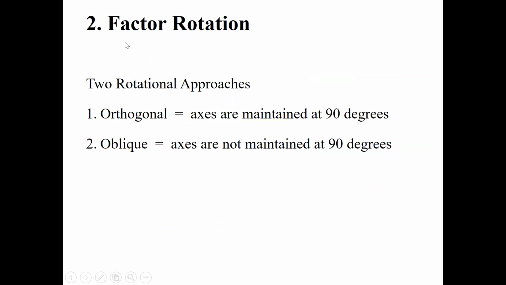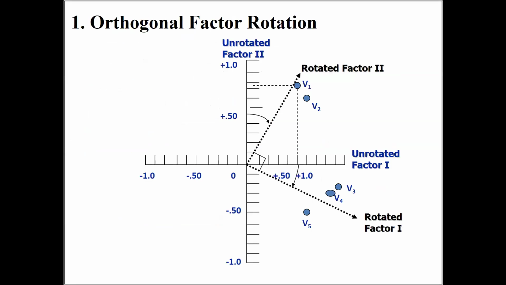Second, we can rotate the factors. There are two methods. Generally we use orthogonal, meaning 90 degrees between the x and y axes, and oblique means less than 90 degrees. By default in SPSS there is the orthogonal factor matrix. What does the orthogonal factor matrix mean? For example, this is my factor matrix.